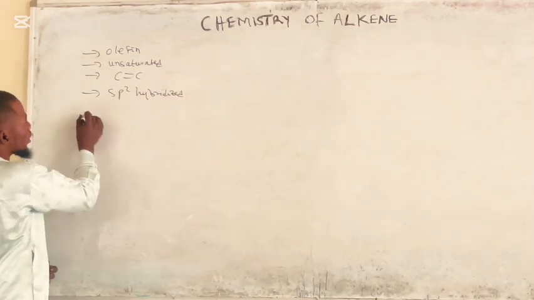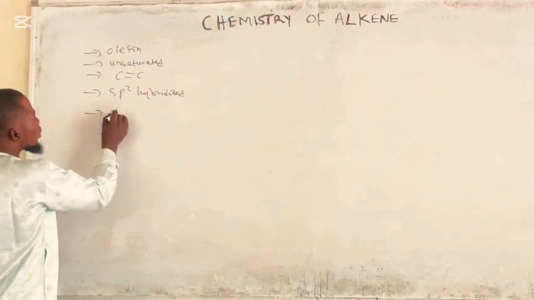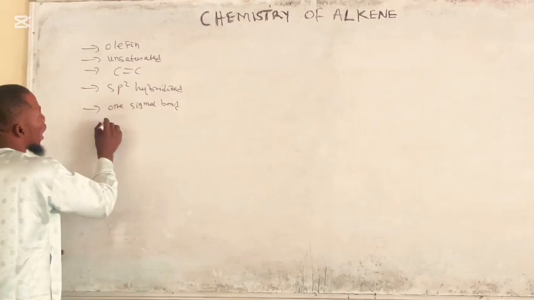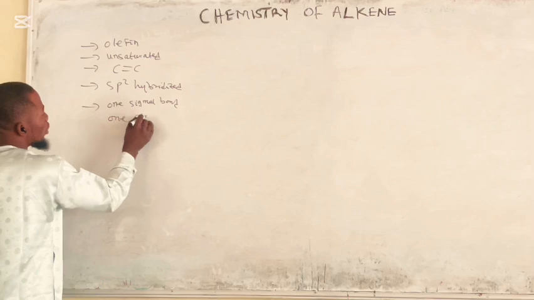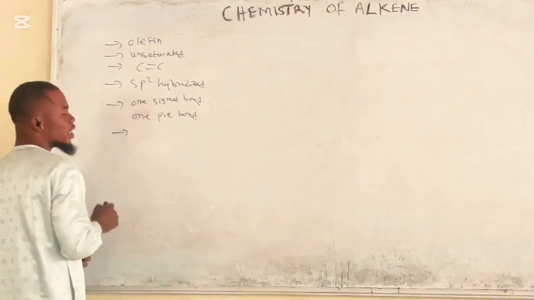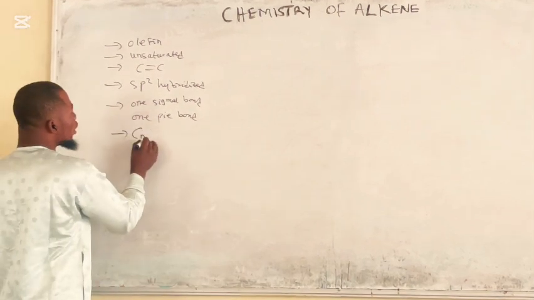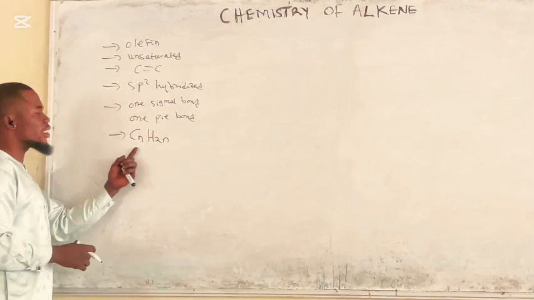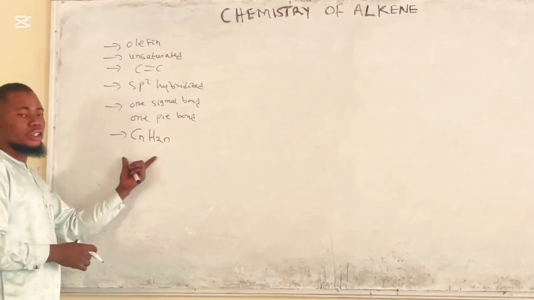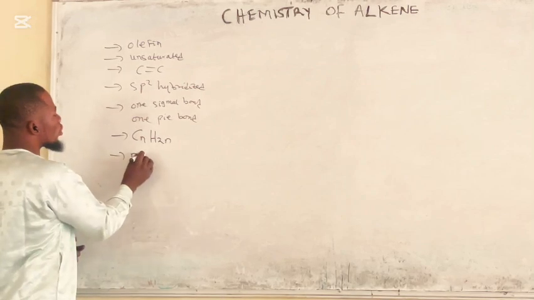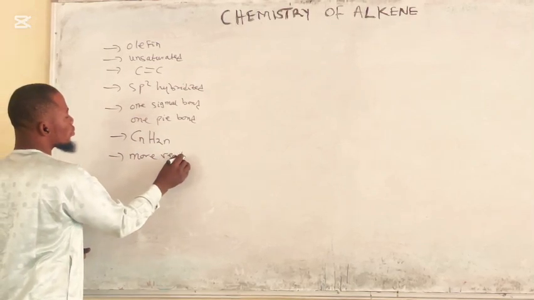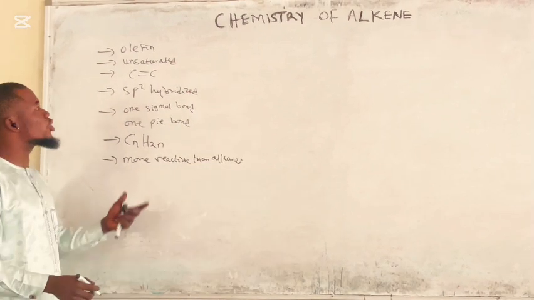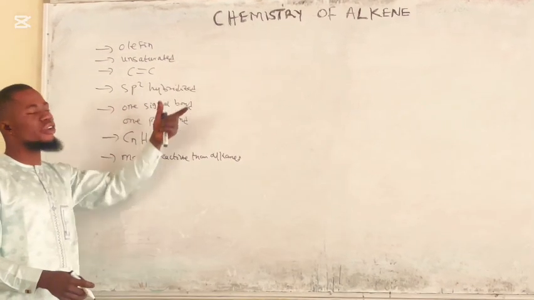We should also know that alkenes have one sigma bond and one pi bond. Their general molecular formula is CnH2n, where n is the number of carbon atoms. They are also more reactive than alkanes. So these are the things to take note of when discussing the chemistry of alkenes.